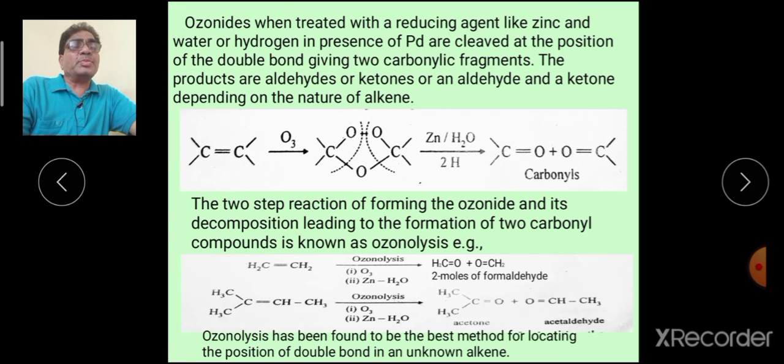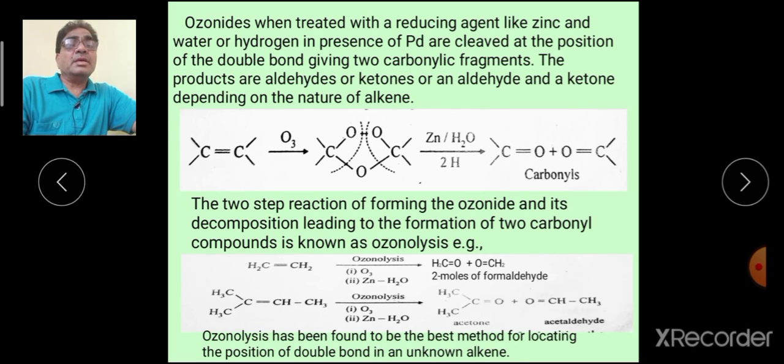The two steps of reaction, forming the ozonide and its decomposition leading to the formation of two carbonyl compounds, are known as ozonolysis. Hydrolysis, therefore lysis. The first step is ozonization and the second step is hydrolysis, therefore total ozonolysis.